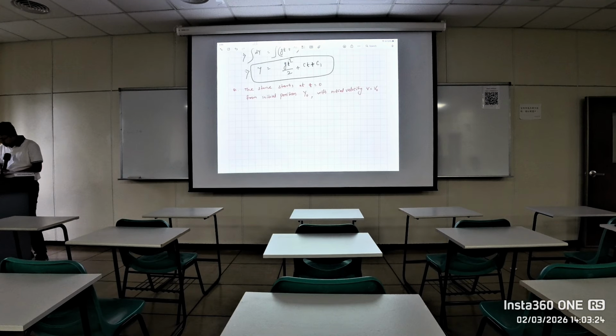So the solution is y is equal to gt square by 2 plus v0t plus y0.